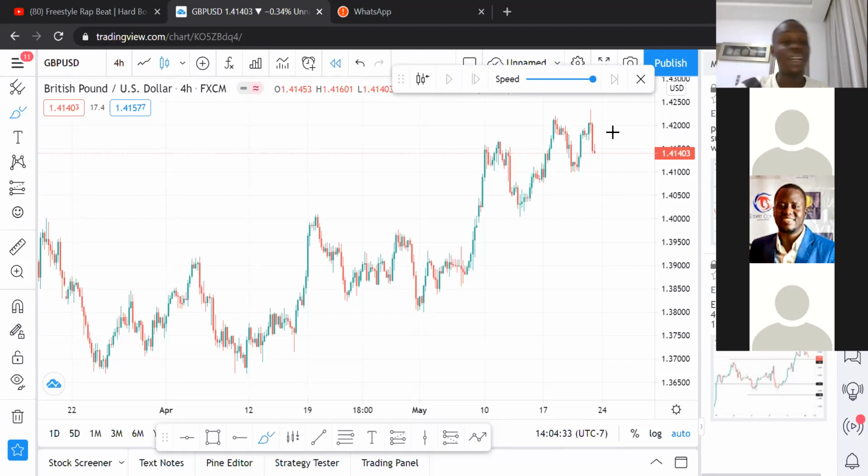Like they give you an entry zone. Maybe sometime Konzi can teach us Fibonacci. But basically for me, if I'm going to be identifying lows, I'll be making use of orders, and I'll teach you about that order when the time comes.